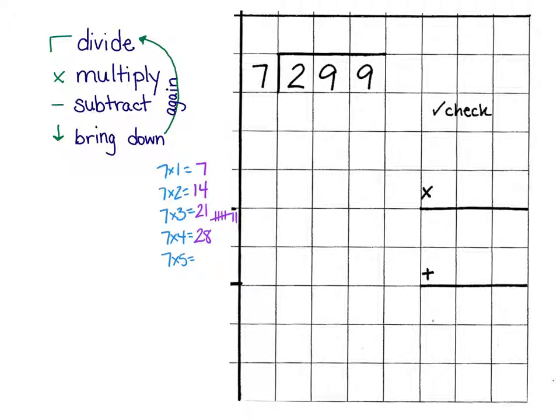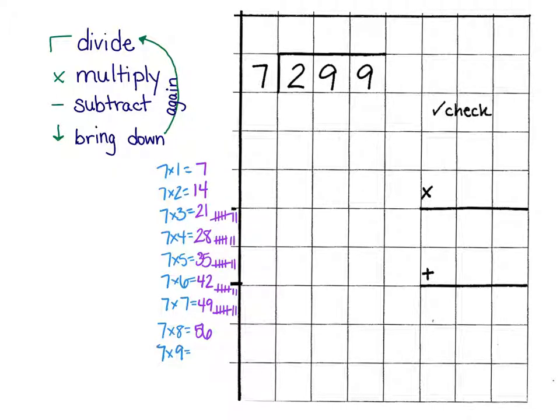7 times 5, let's add 7 more to 28. 29, 30, 31, 32, 33, 34, 35. 7 times 6, 36, 37, 38, 39, 40, 41, 42. 7 times 7, 43, 44, 45, 46, 47, 48, 49. 7 times 8, keep counting, 7 more from 49. 50, 51, 52, 53, 54, 55, 56.